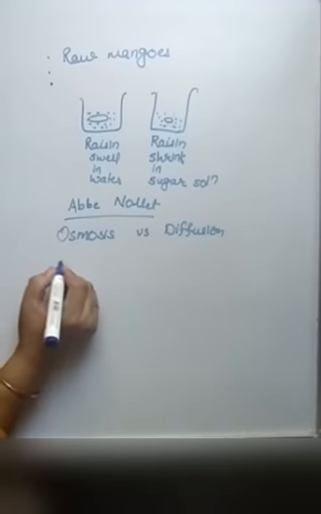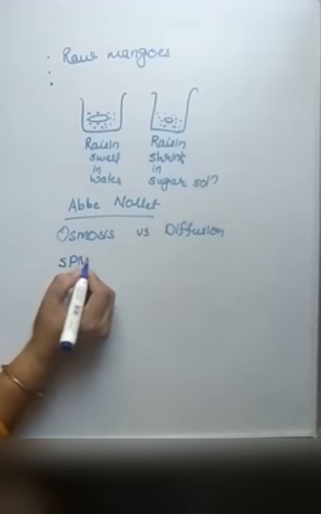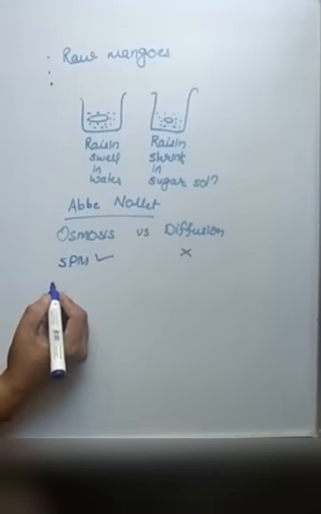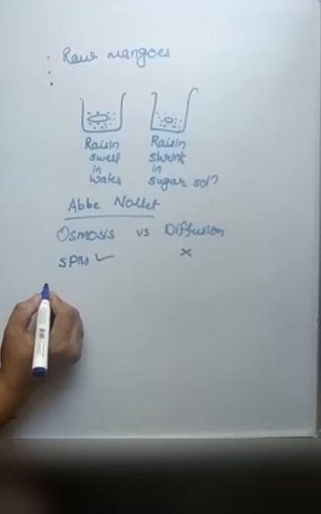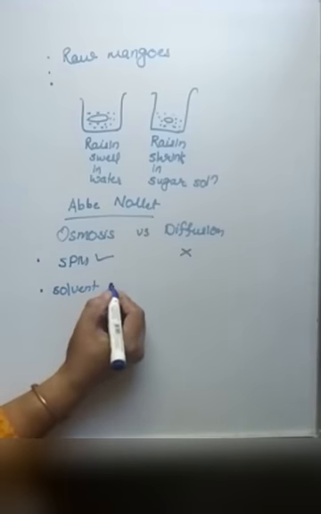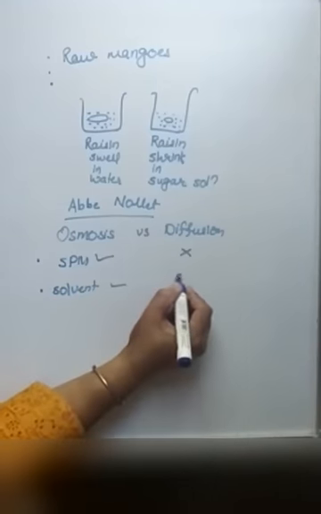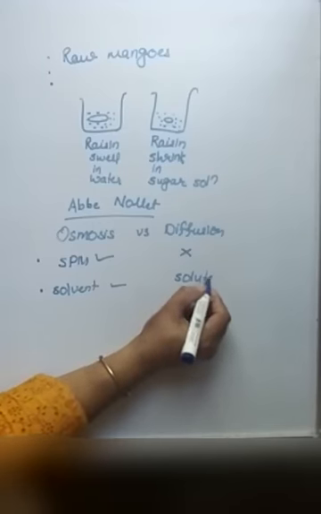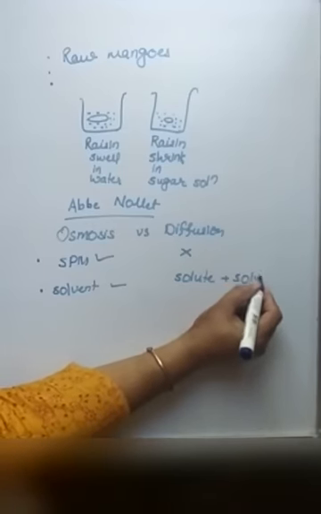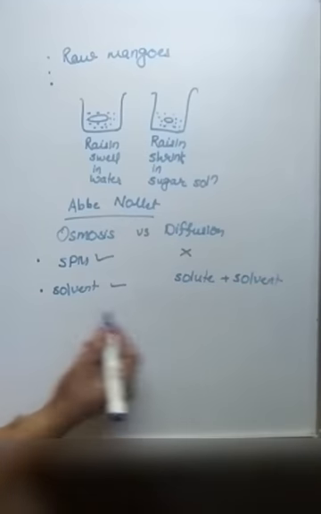For osmosis SPM is very necessary, and for diffusion SPM is not required. Another thing, in osmosis only solvent particles move. Here both particles can move, solute as well as solvent. It is not necessary that the solvent alone should move.